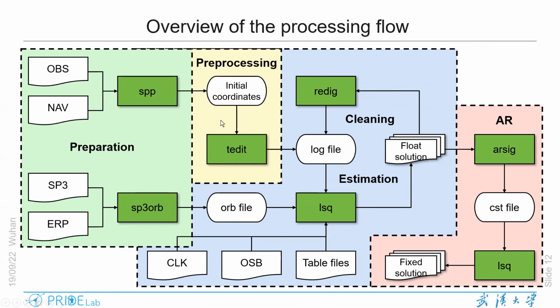Then comes the preprocessing of the observations, followed by the parameter estimation and the data cleaning, and finally, the ambiguity resolution. We'll look at every part in detail and see what data are input, how they are processed, and what results will come out.